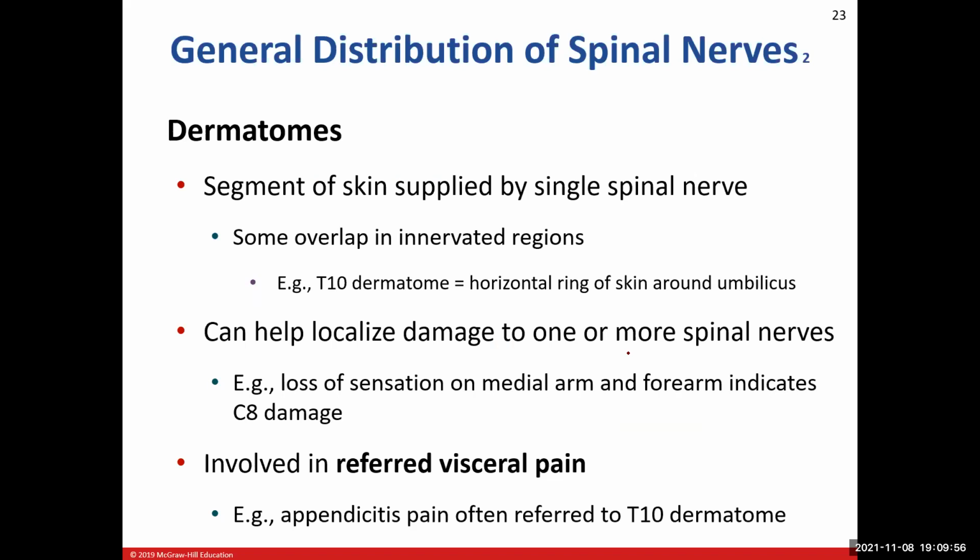Basically a dermatome is a specific segment of skin that is going to be supplied by a specific single spinal nerve. The example here talks about the T10 dermatome, which means T10 is the T10 spinal nerve. So the T10 dermatome is normally found around your belly button.